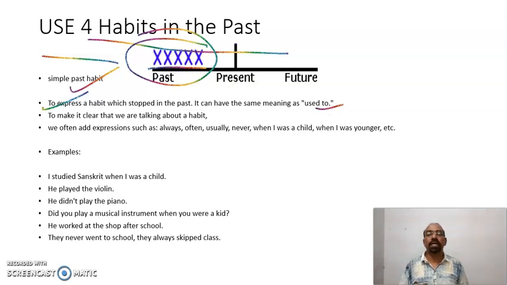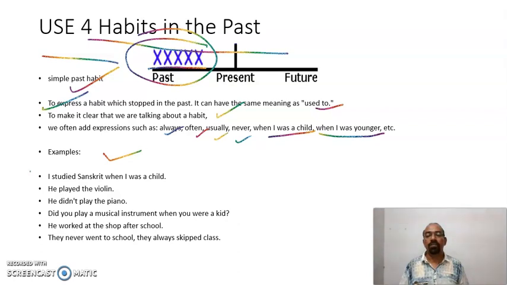To make it clear that we are talking about a habit, we often add expressions such as always, often, usually, never, when I was a child, when I was younger, etc. So, to express a past habit, we use the past simple.